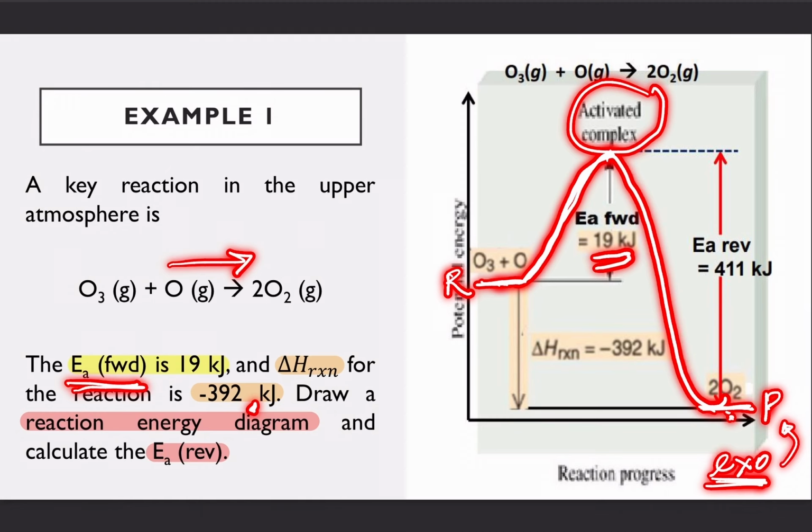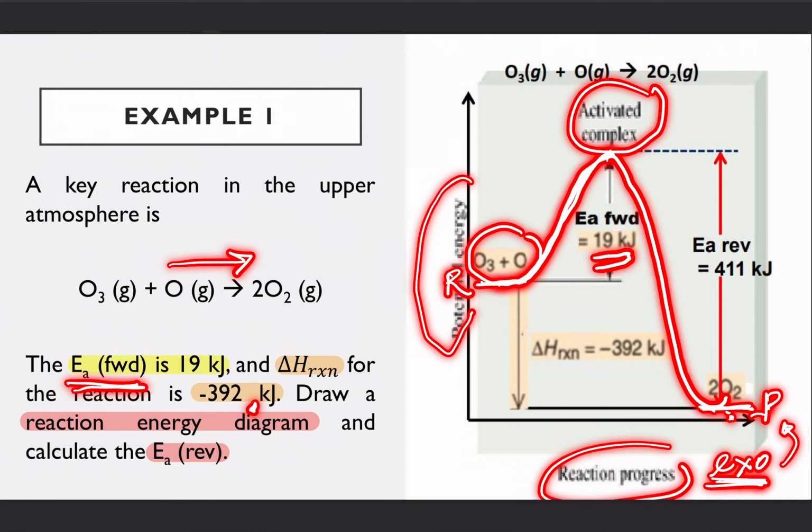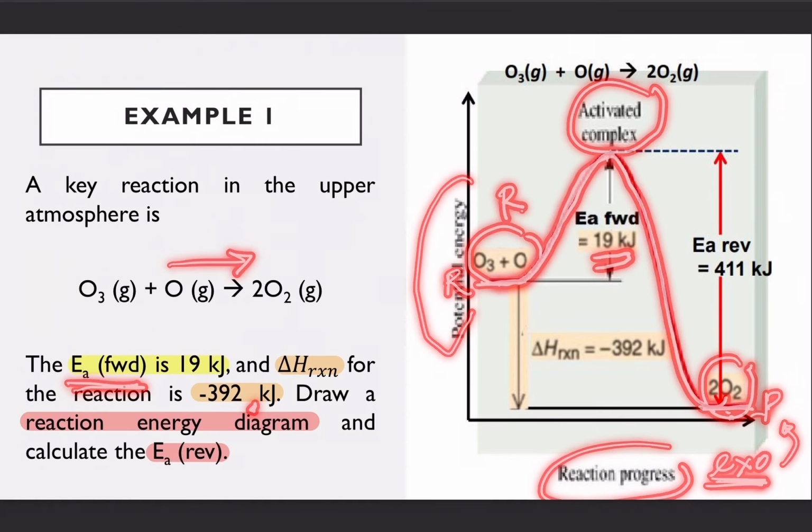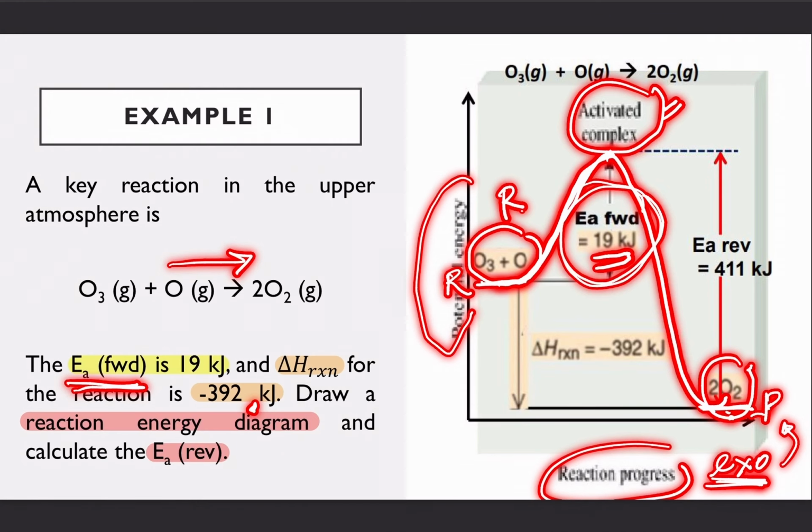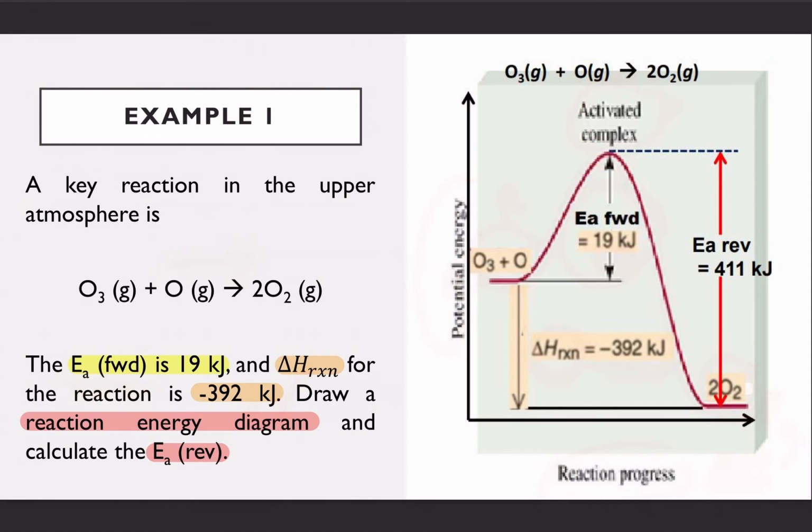Alright, so make sure to have your labels, y-axis and x-axis, your reactants, your products, your activated complex, your activation energy, and your delta H. So for delta H, your arrow will be going down because you are releasing energy in exothermic reaction. So that is your energy profile diagram.